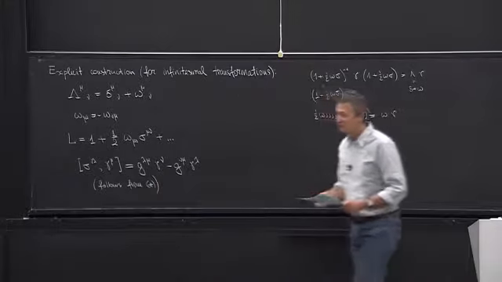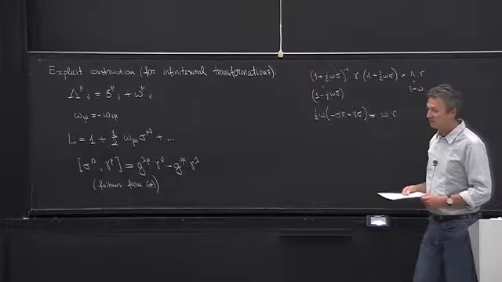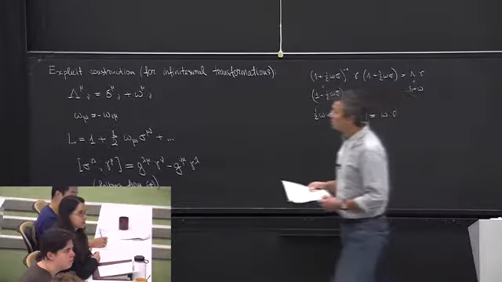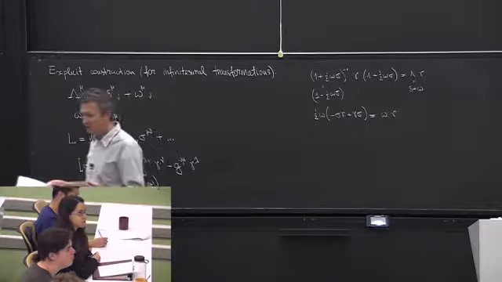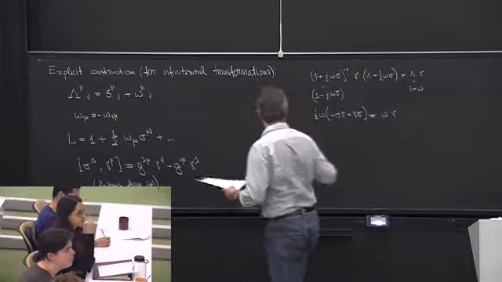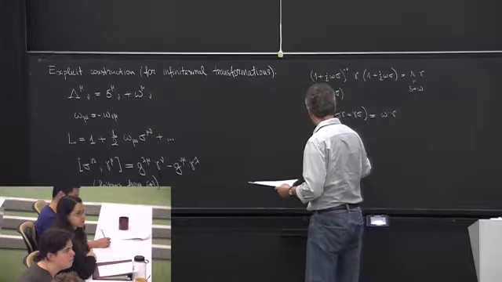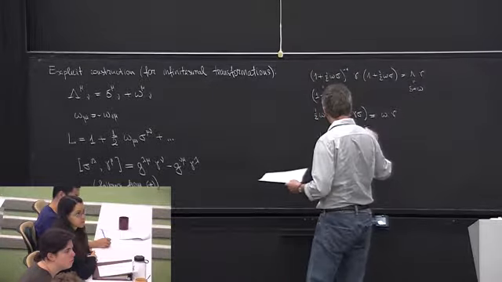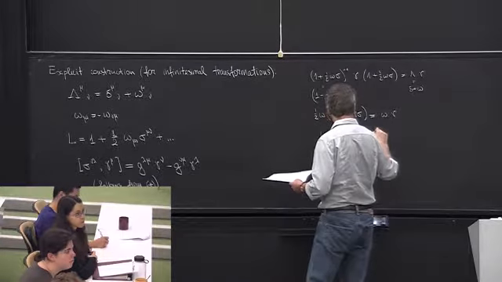I'm sorry, I probably didn't express myself clearly. The question is, why do we expand L as that sum? Well, L is some function of lambda, and lambda is the unit matrix plus omega.